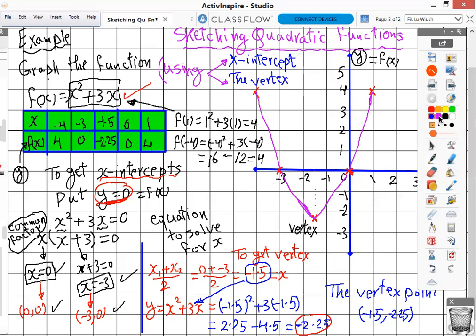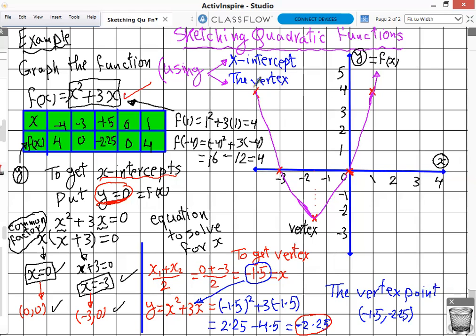And I told you you can extend your graph like this because we have many points, just to determine some points to get the main view of the graph. Easy? Any question?